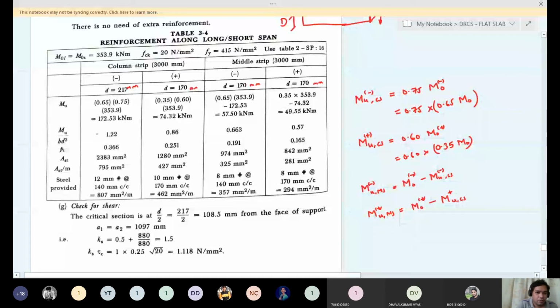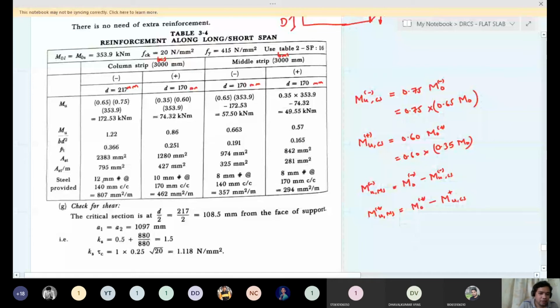Then we find the Mu upon bd square. You have the value of d, you have the value of width also. See, this is your bcs, width of the column strip, and this is bms, width of the middle strip. So you put these values and find Mu upon bd square. From there you can find out the value of pt, and then from pt the Ast. Now this Ast is for the width of 3 meter, so you divide by the width to get the per meter area of steel required.